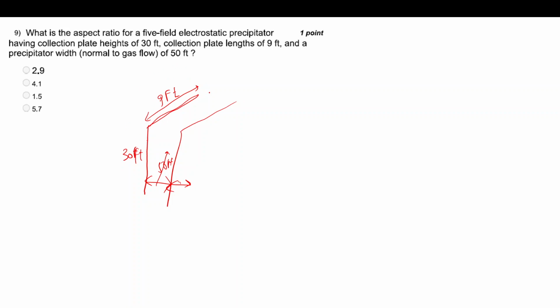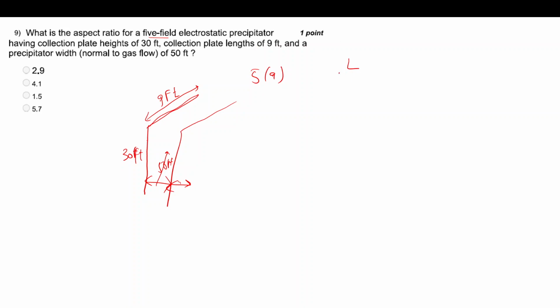You have five annular spaces, like five separations from which air passes. So you can say there are six plates. In that case, five field means 5 into 9 will be the total length through which the gas passes.